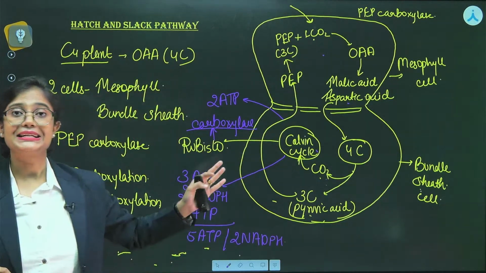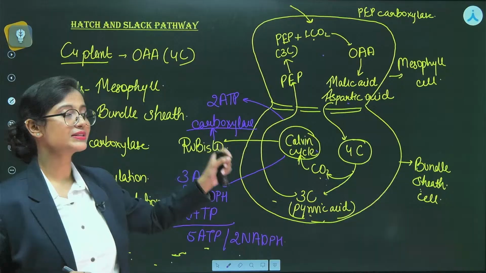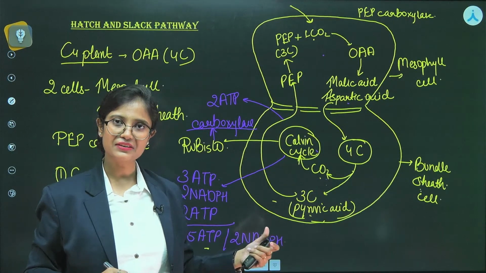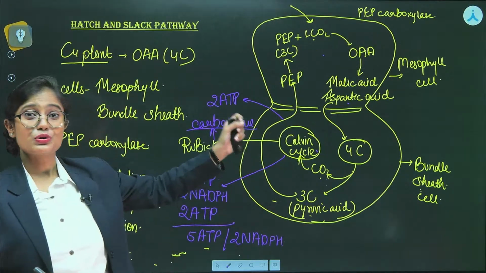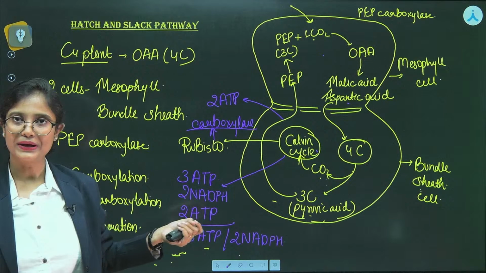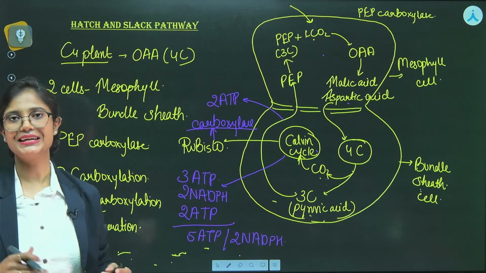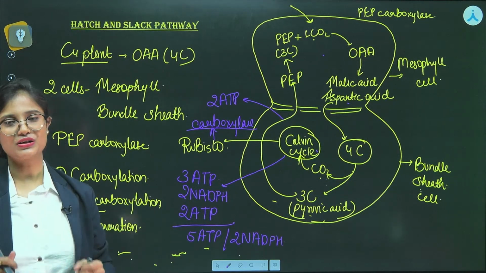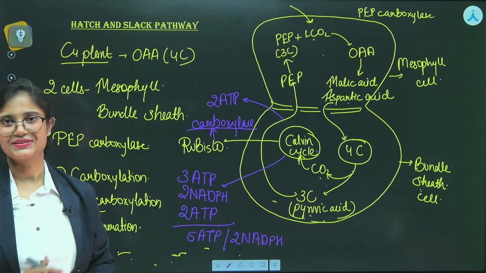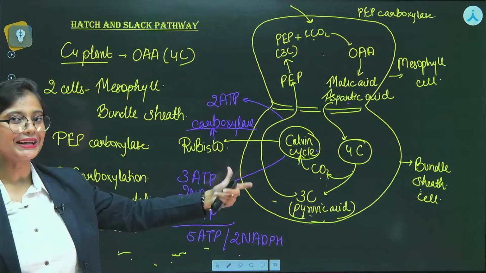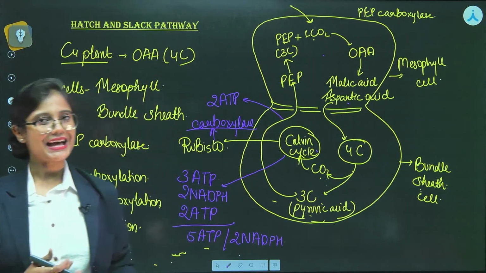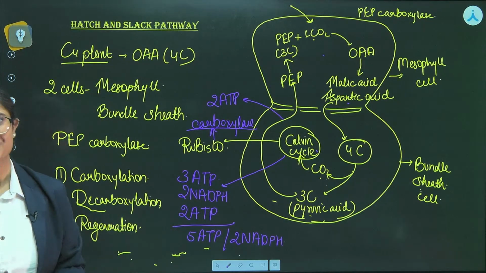Right, to maintain its carboxylase activity, the concentration of CO2 must be higher in the bundle sheath cell of the C4 plant, due to which it does not need to open its stomata for long. That means the water evaporation or transpiration rate will be decreased, right? That's why it shows better efficiency as compared to C3 plants.